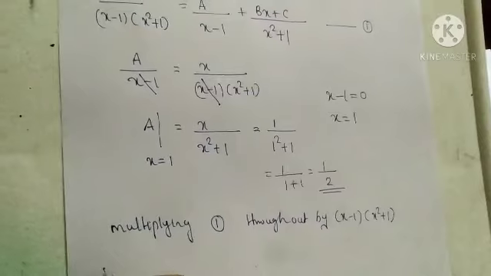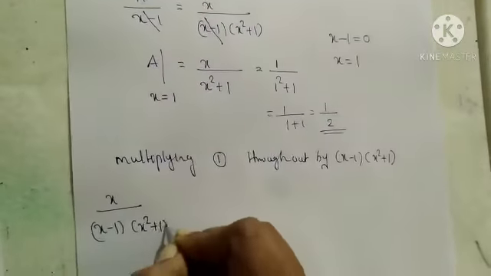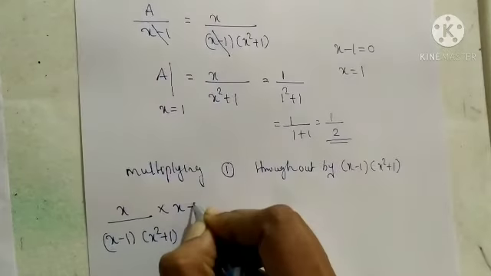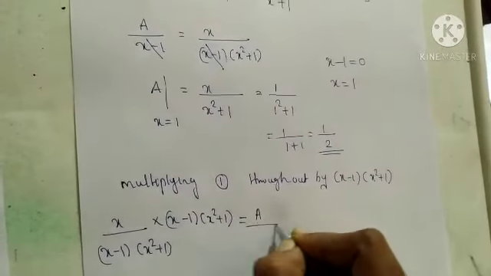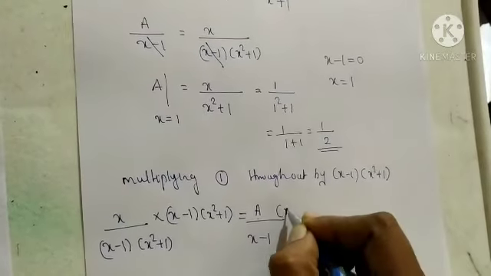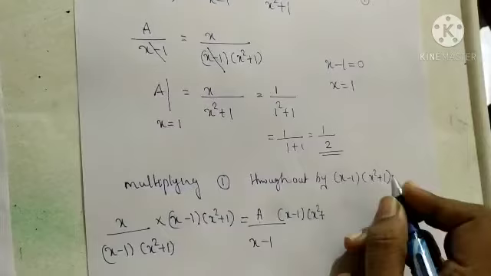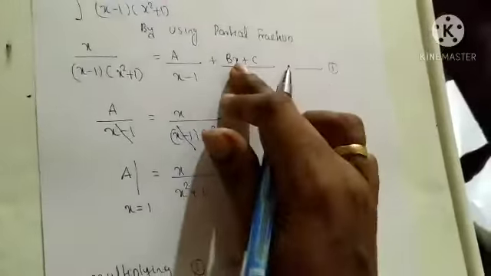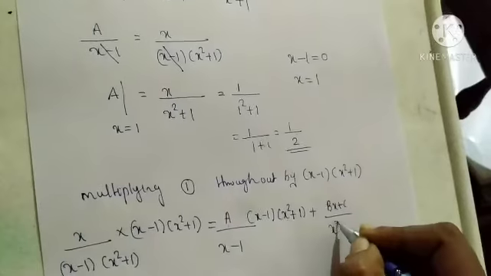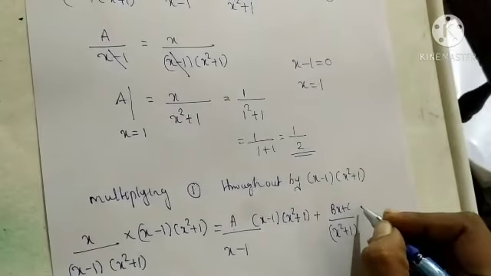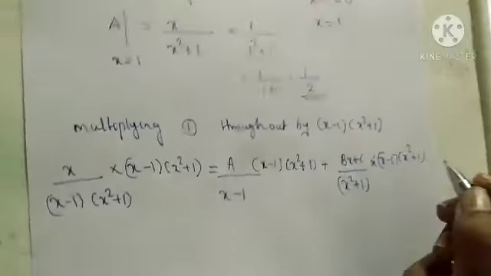So here we get x divided by x minus 1 into x square plus 1 into x minus 1 into x square plus 1 equal to a divided by x minus 1 into, multiply each term by x minus 1 into x square plus 1, plus bx plus c divided by x square plus 1 into, again multiply this term by x minus 1 into x square plus 1.